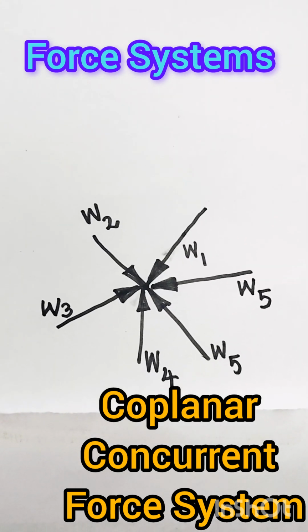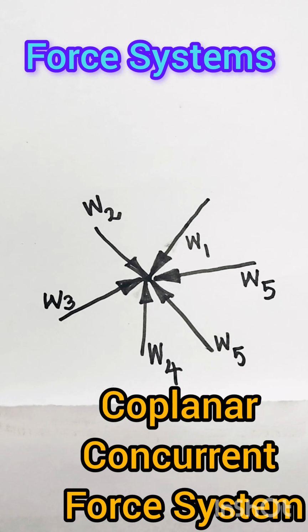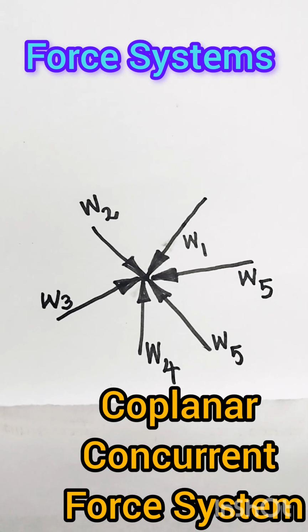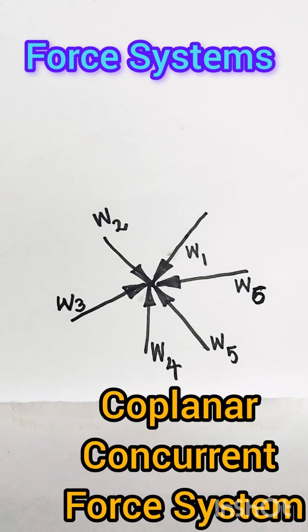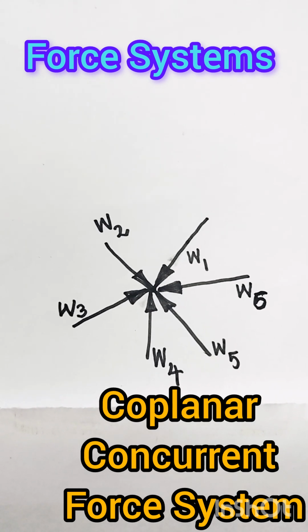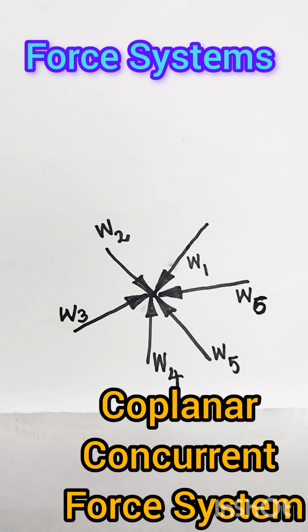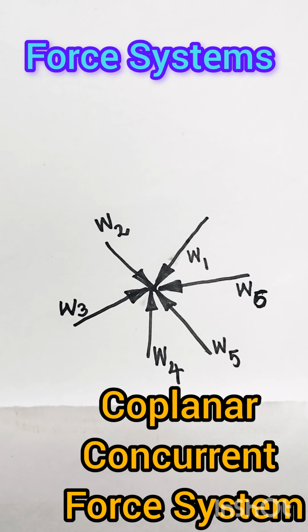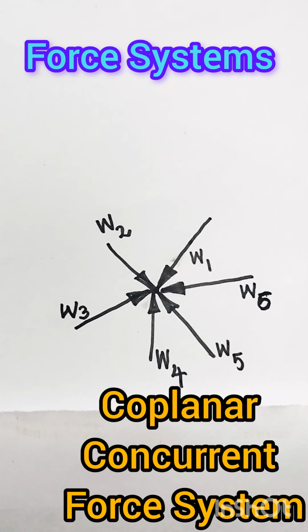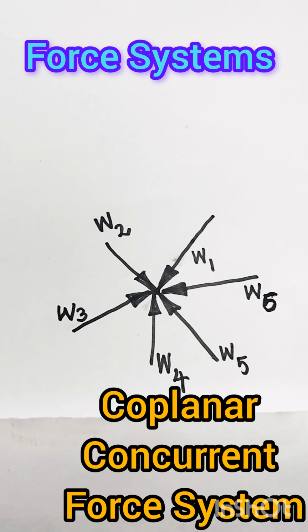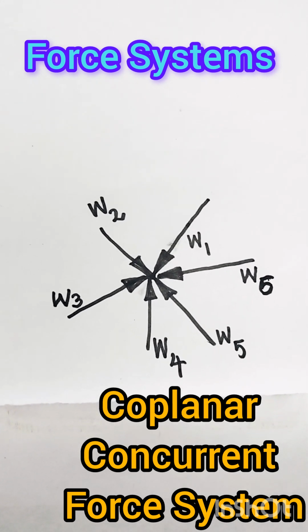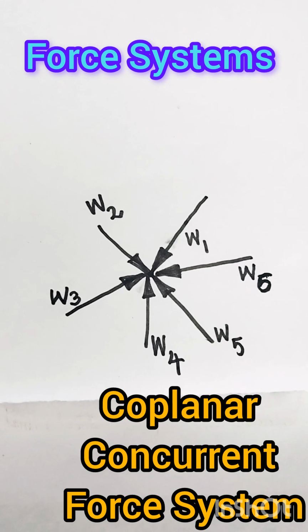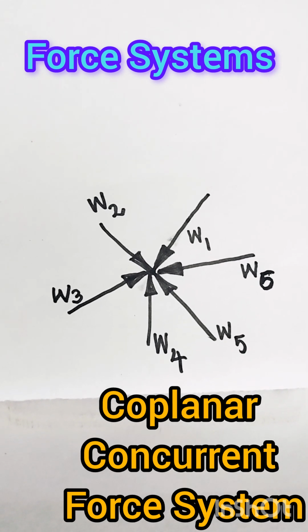These are the forces of magnitude W1, W2, W3, W4, W5 and W6 converging at a particular point. So this group of forces is considered a concurrent force system. As all these forces act on a single plane, they are considered a coplanar concurrent force system.